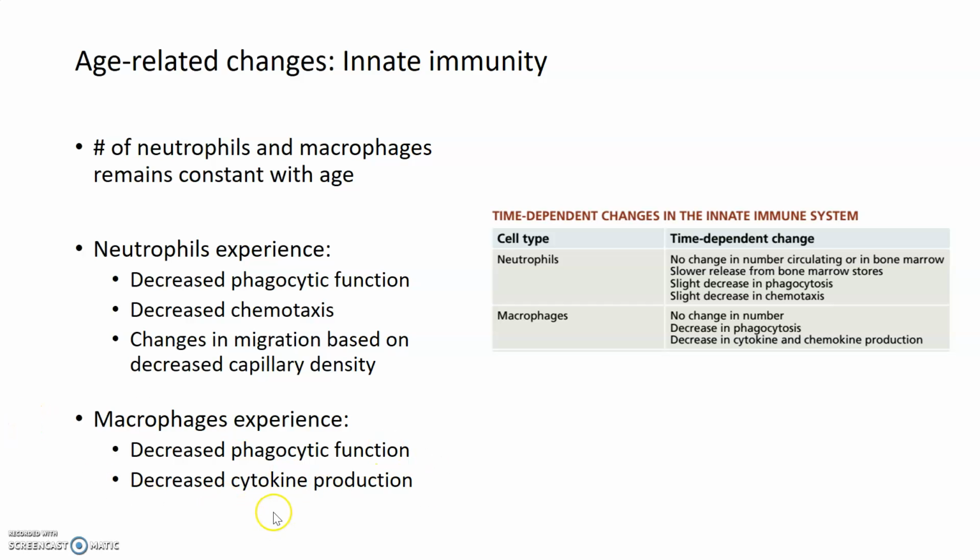And you remember that cytokines and chemokines are important because those are what actually help neutrophils find the sites of infection. And they also promote other parts of the inflammatory response, which is important for innate immunity. And so when macrophages can't secrete as many cytokines and chemokines, that means that the innate immune response goes down.